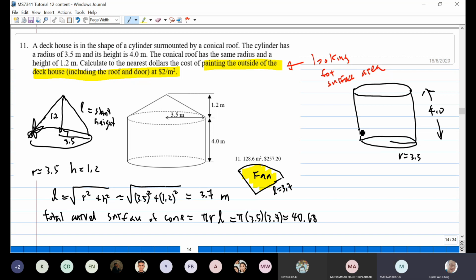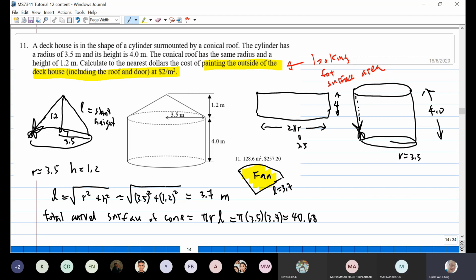You cut it open and you're going to get a rectangle. The height is 4, then the length of this one is 2 pi r, where r is equal to 3.5.